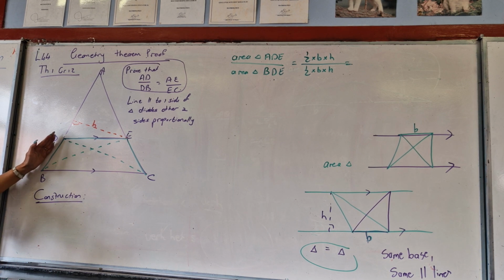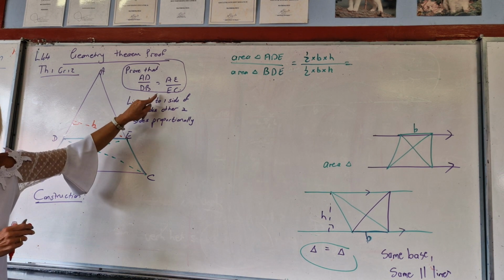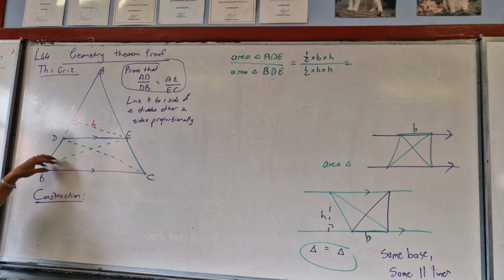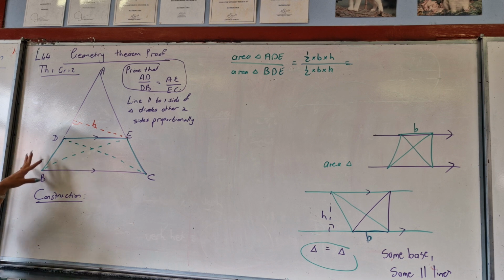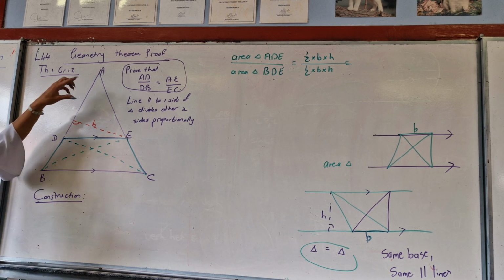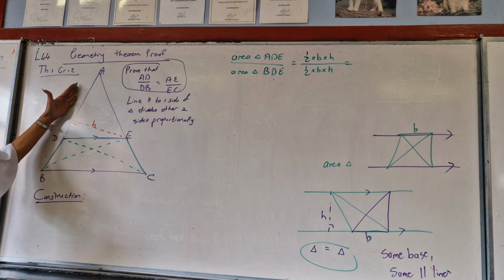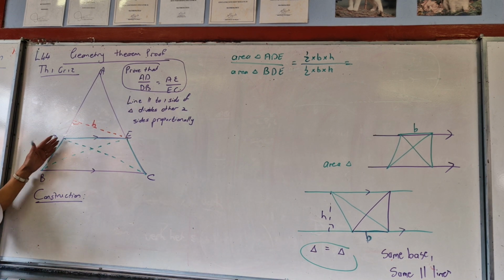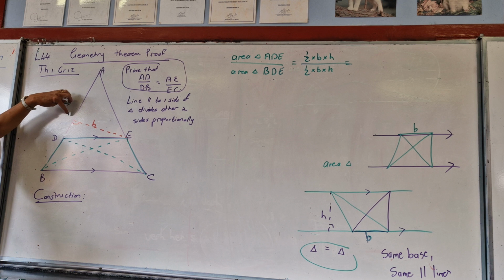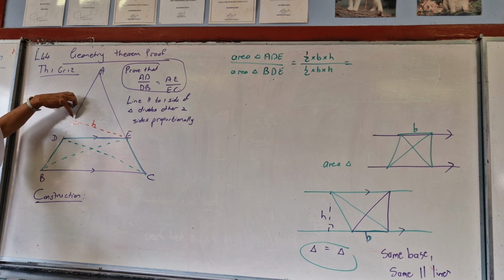Are you with me? Remember, I'm forcing this. Why can't I use the area as this is a base and the height here? Because then you're not going to get where you want to go. Alright, you've got to force it with this as a base and DB as a base. So if DB is the base, do you see that the height has to be the same thing? Will also be that H.